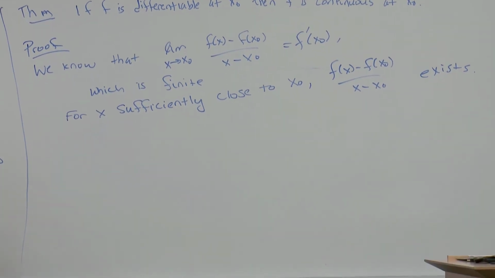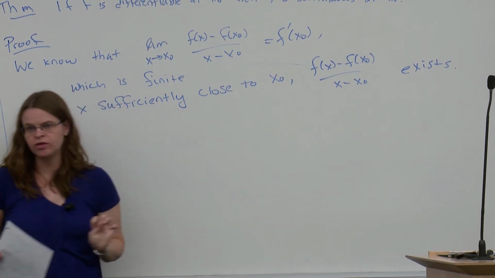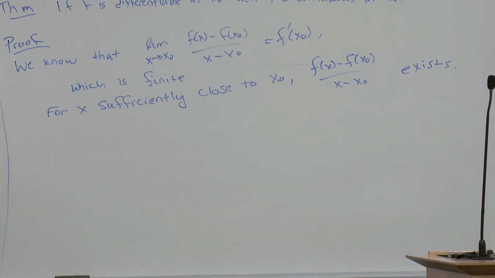All right, what do I want? I want to show that f itself is continuous. So I want to look at the function f of x itself and see what happens to it as x gets close to x naught, right? And we're hoping that as x gets close to x naught, f of x approaches f of x naught. That would be continuity.